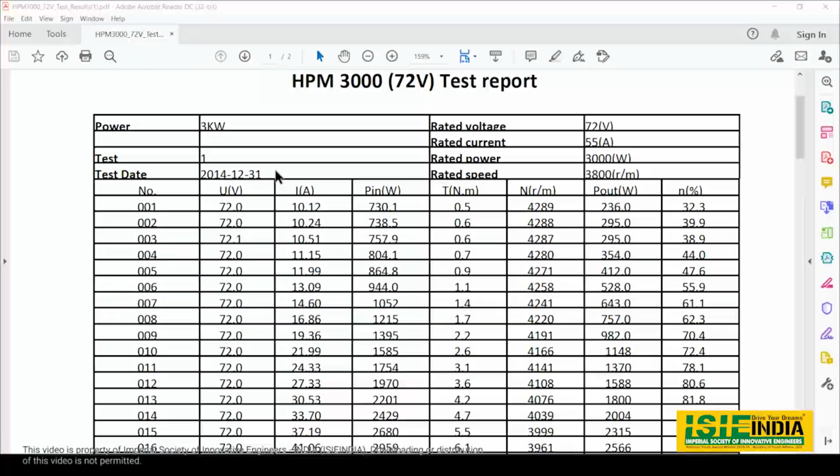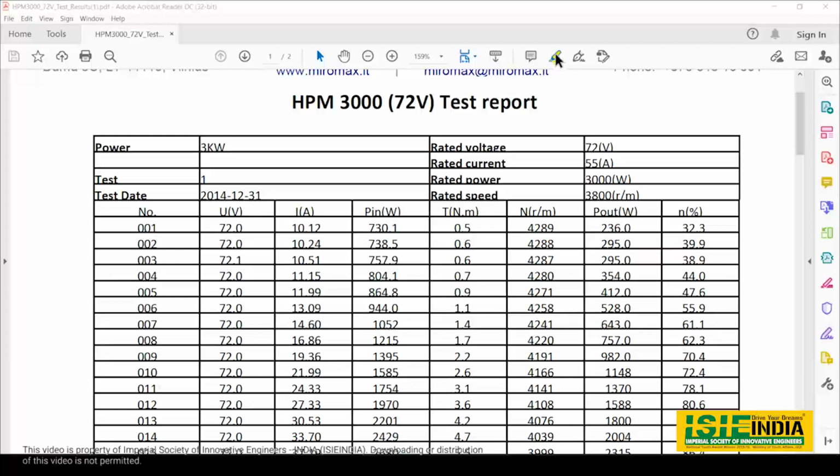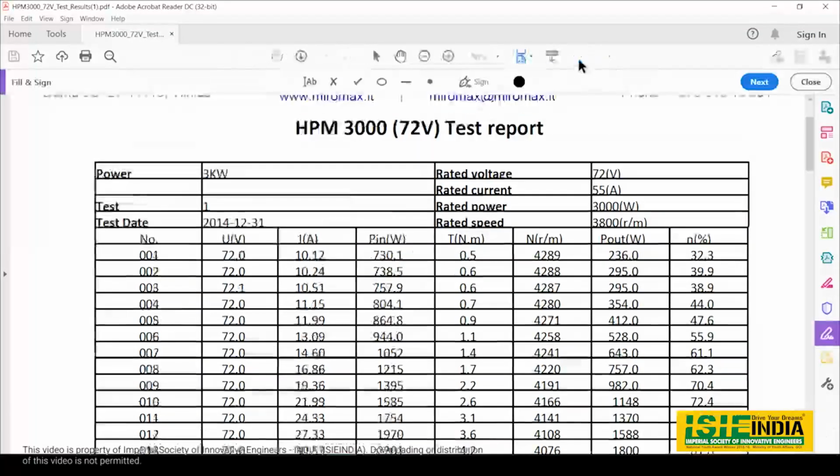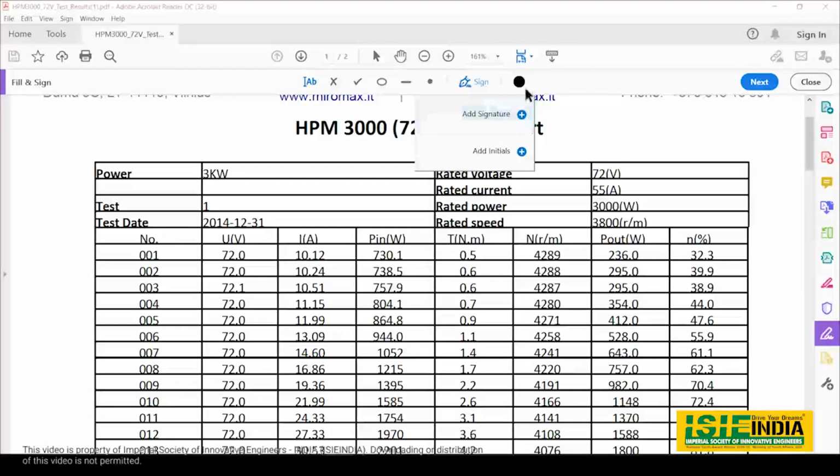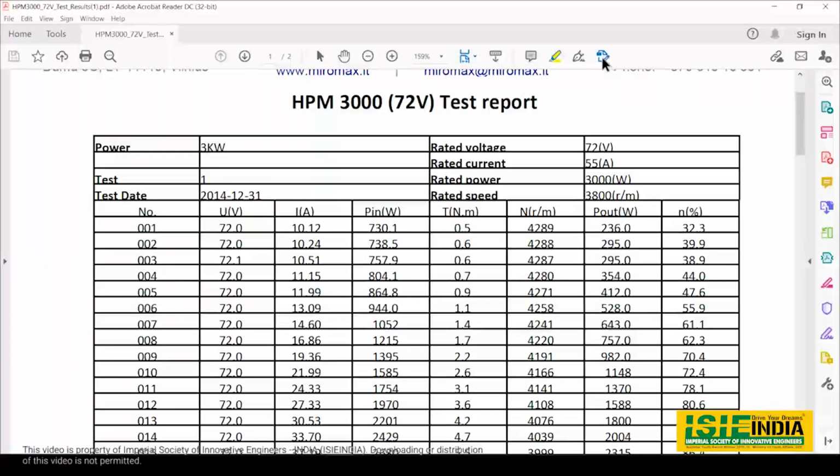On one side we have the power input: voltage, current, and input. On the other side we have the output parameters, which are torque, RPM, and power output.